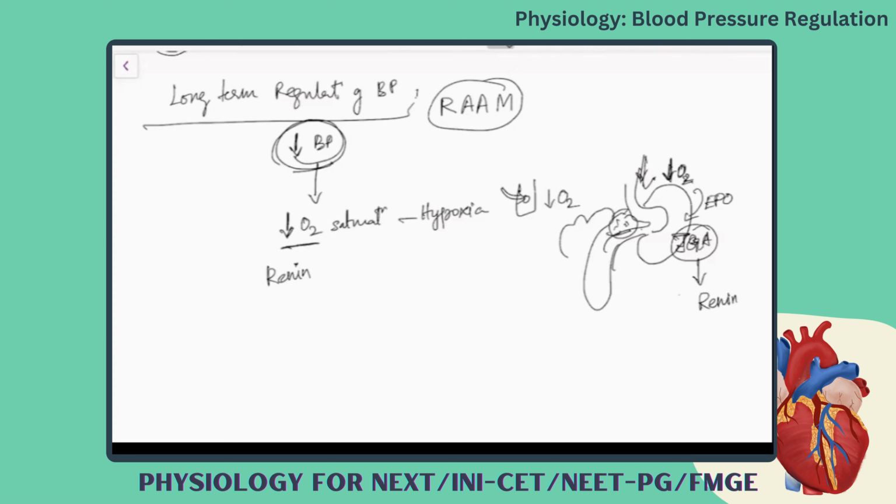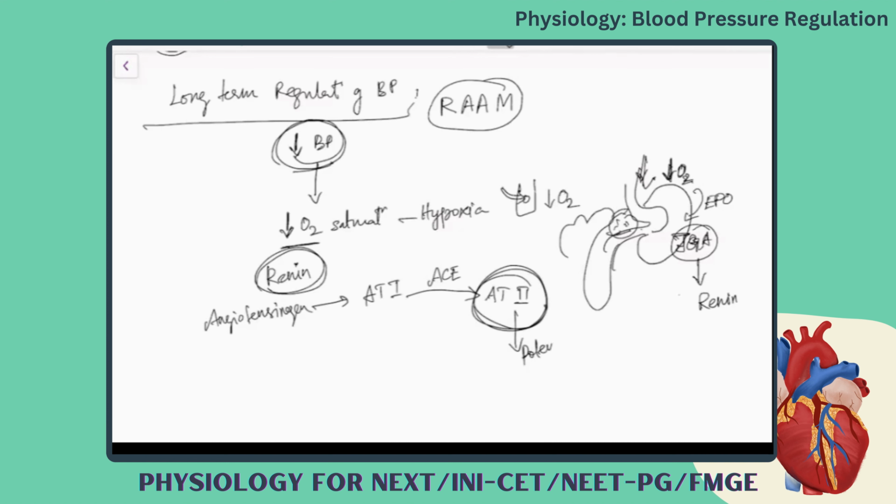Okay, so this renin, now what it is going to do is it is going to convert angiotensinogen into angiotensin 1. And this angiotensin 1 is converted to angiotensin 2 by the enzyme angiotensin converting enzyme. Okay, so this angiotensin 2 is produced, and this is one of the potent vasoconstrictors.